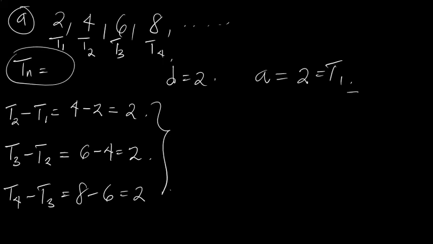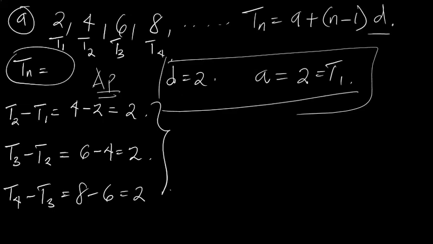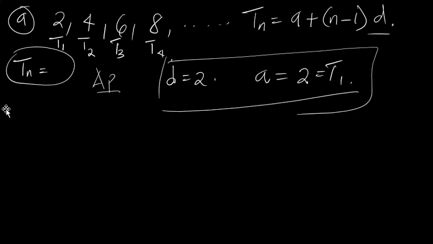Now, this shows that this is an arithmetic progression, so there is a general formula for it: the nth term Tn is equal to A plus bracket open n minus 1 times the common difference. Let me just clean this expression.